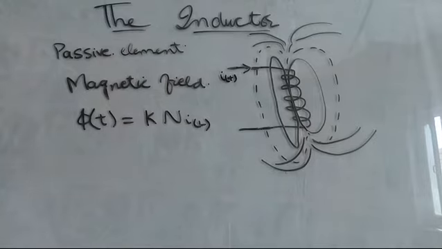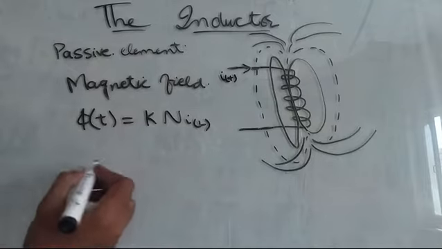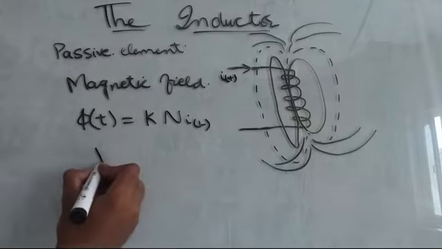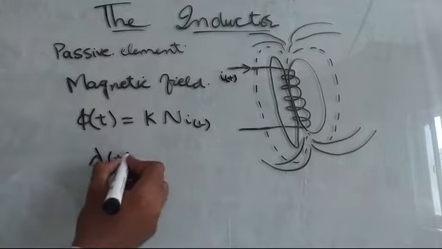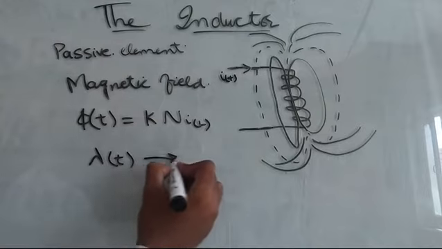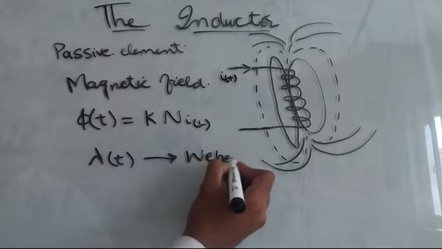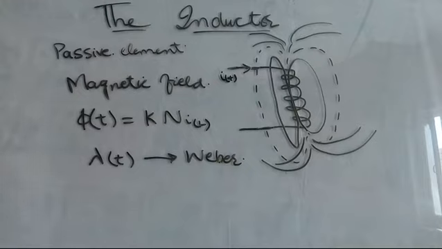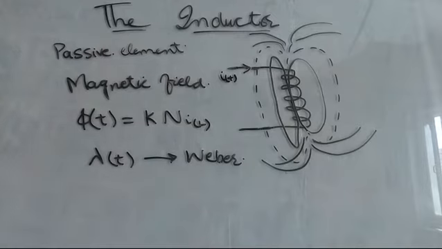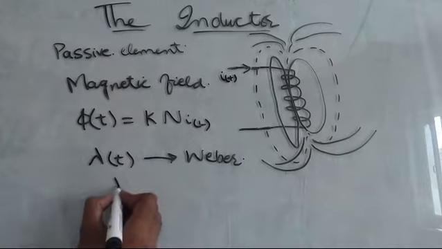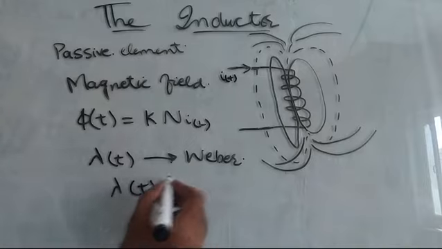So the total flux linkage is represented with a symbol called lambda of t, and the unit of flux linkage is Weber. This unit is named after the German scientist William Weber. So flux linkage lambda of t is equal to N times the total flux.